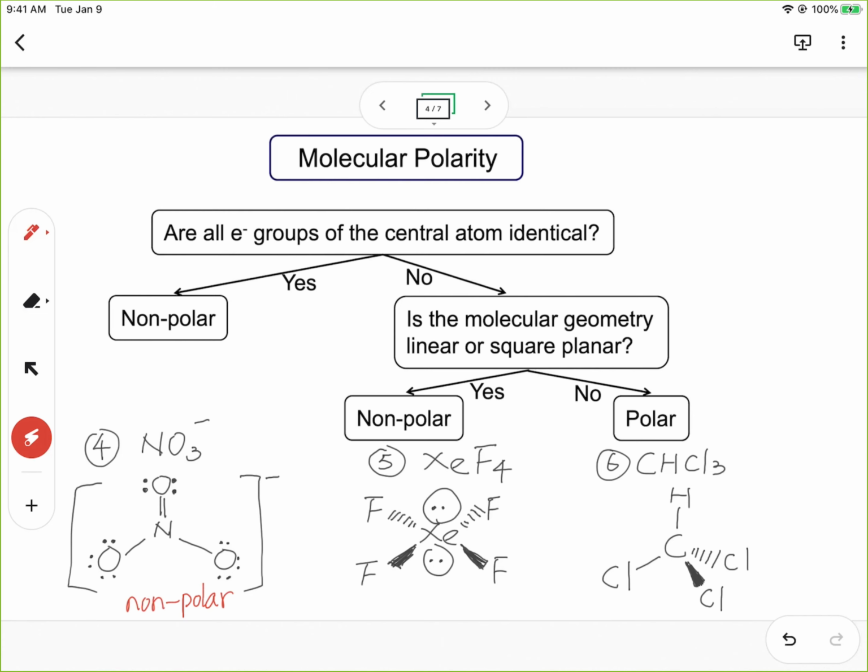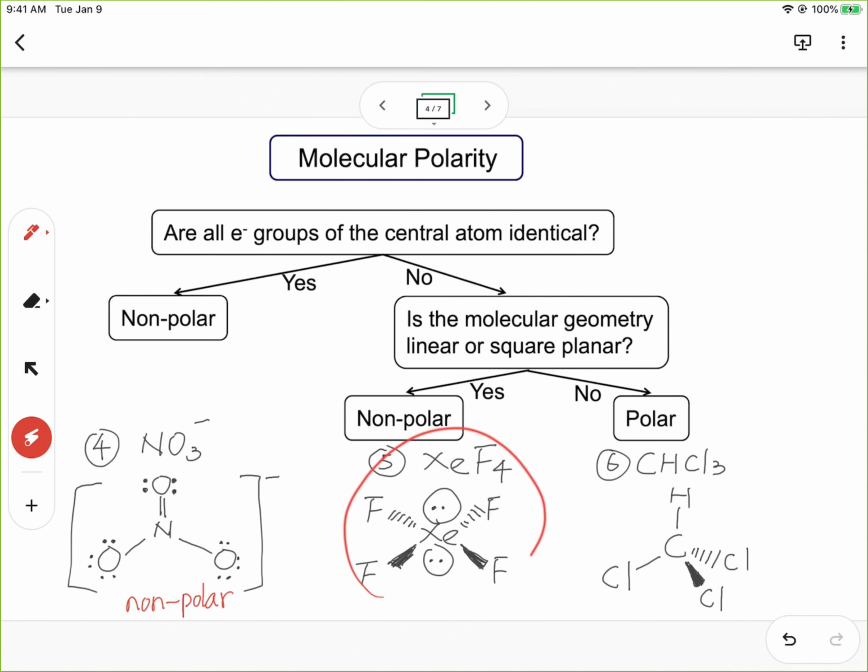So even if this NO3 anion is charged, this charge or this extra electron is evenly distributed on the surface of this NO3 ion, therefore it's nonpolar. Okay, it's charged, but the charge is evenly distributed on the surface, therefore it's nonpolar. I hope you understand this. Okay, we'll do more practice.